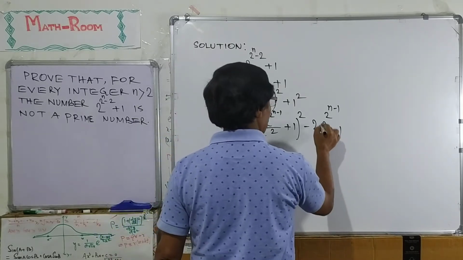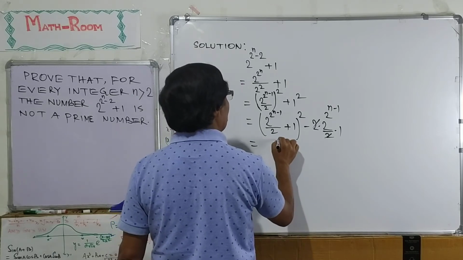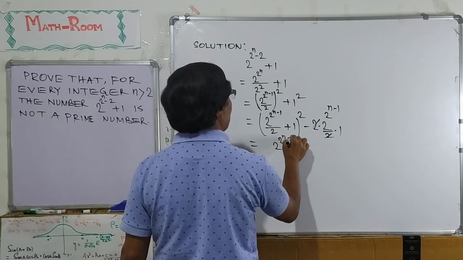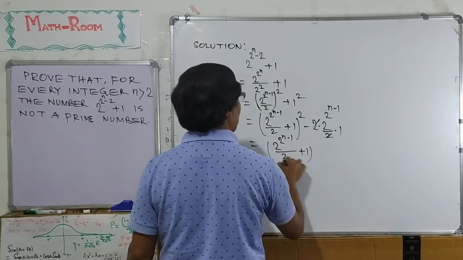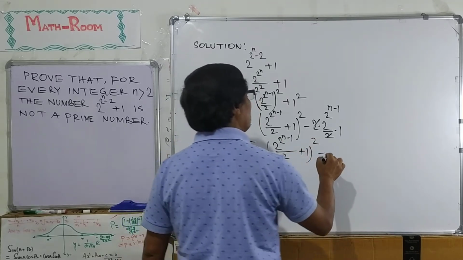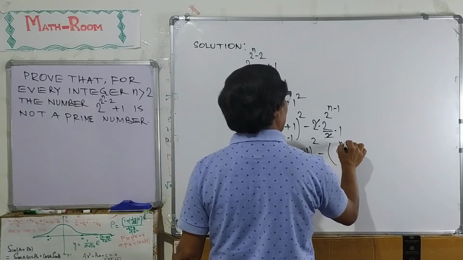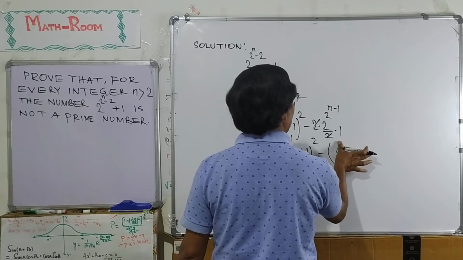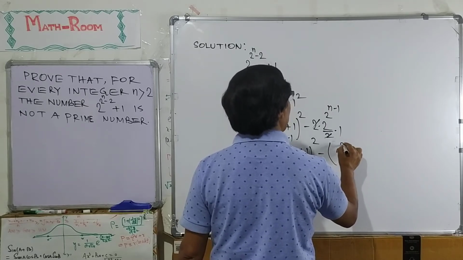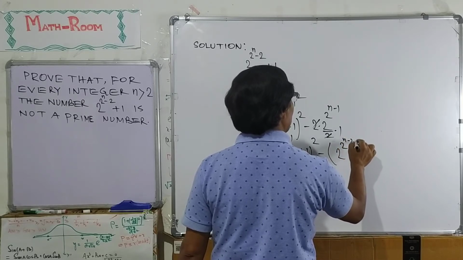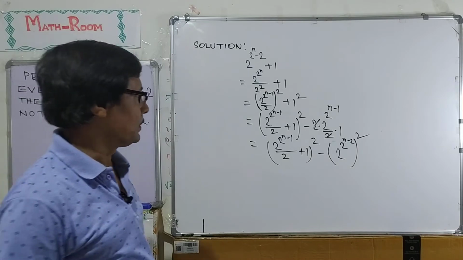We can also write this as 2 to the power n minus 1 over 2 plus 1 square minus 2 to the power n minus 2, whole square.